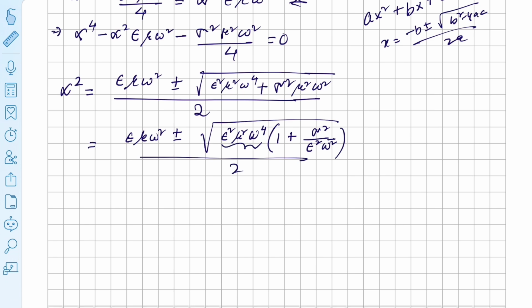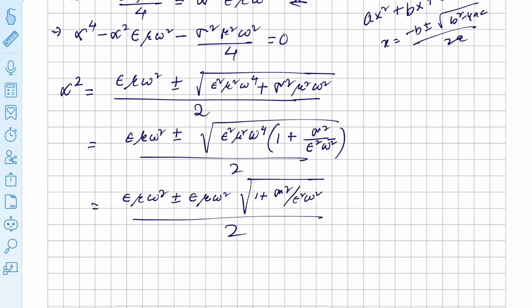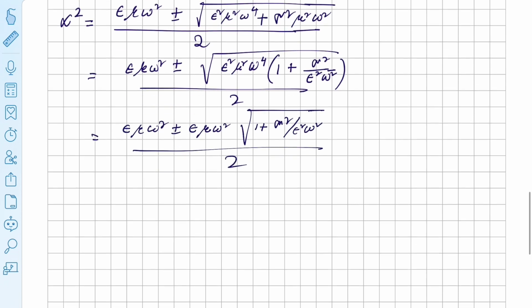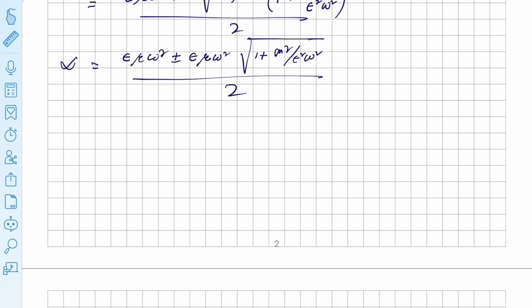Then you can take the square root of this. Then we get epsilon mu omega square plus minus again epsilon mu omega square after taking the square root. Then under root we get 1 plus sigma square by epsilon square omega square, divided by 2. So now you see, this is nothing but alpha square.